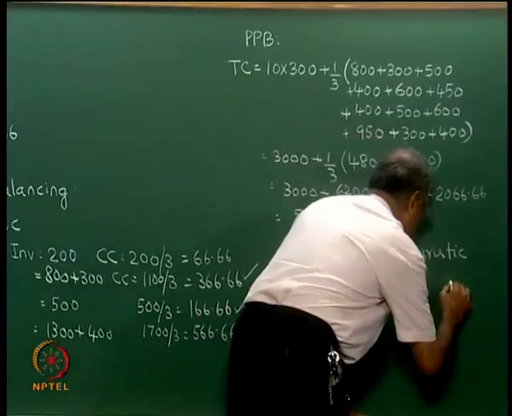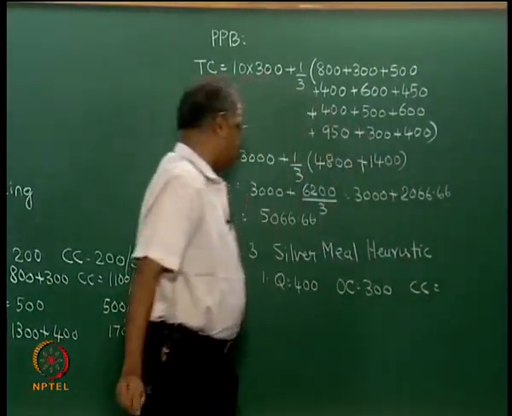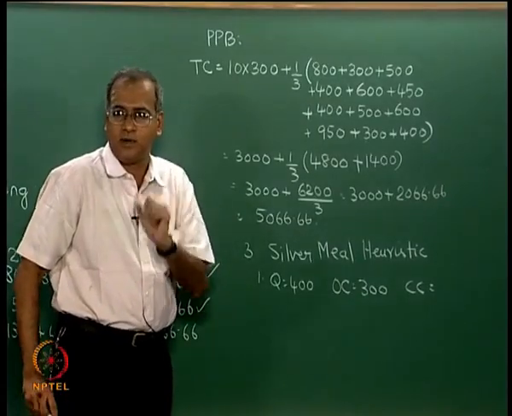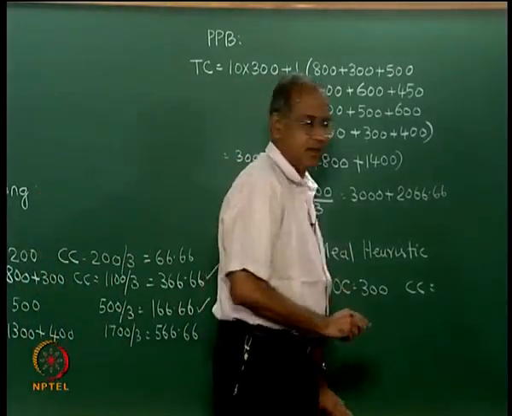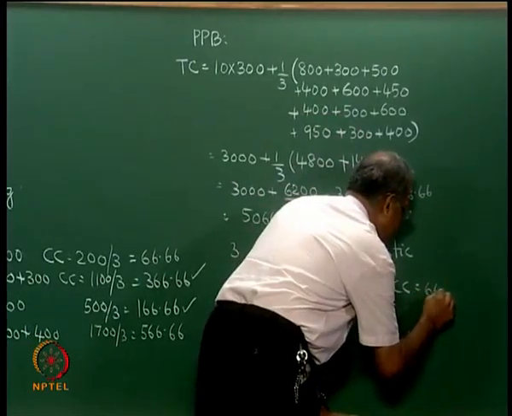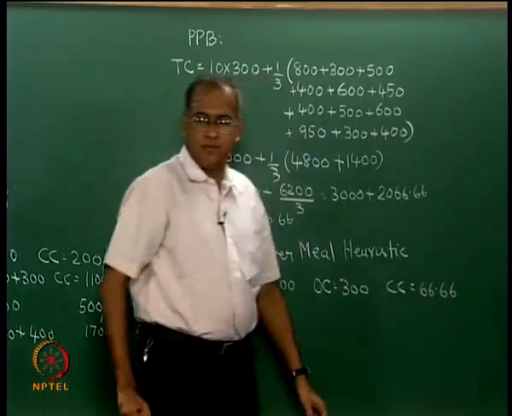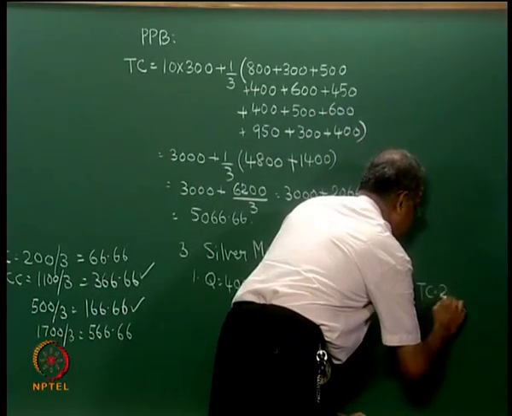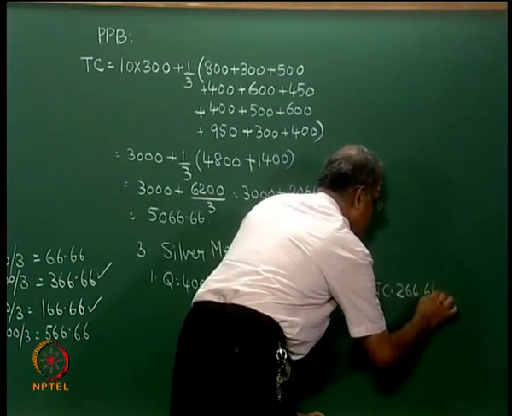There is a carrying cost of, we begin with 400, we end with 0, so average inventory is 200. So 200 divided by 3, which is 66.66. So total cost is 266.66.